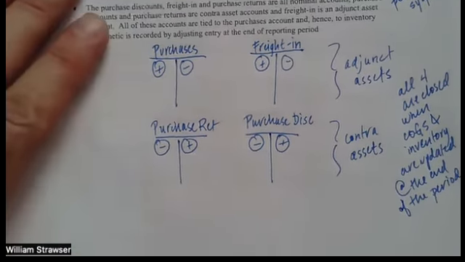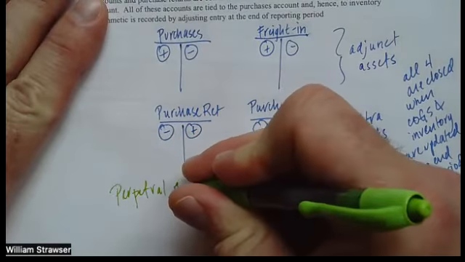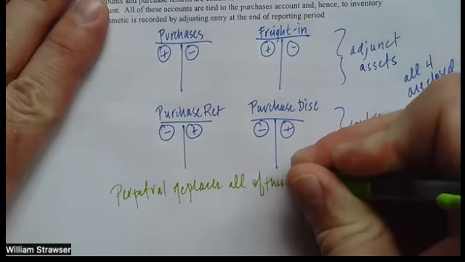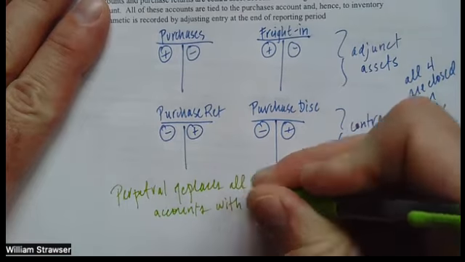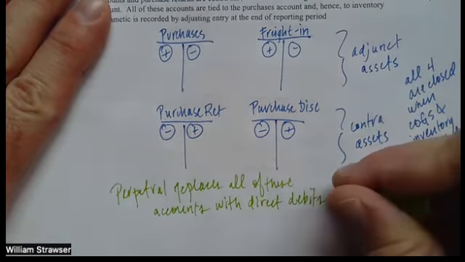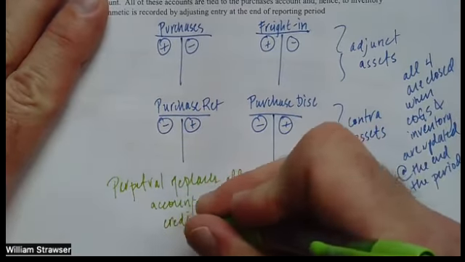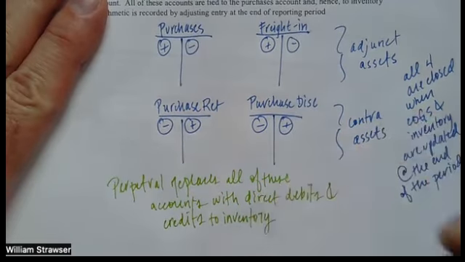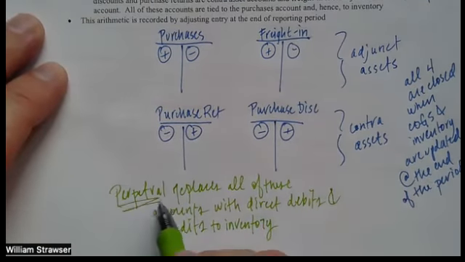So the Perpetual system replaces all of these accounts with direct debits and credits to inventory. We do not use the middleman contra account system under the Perpetual system. Okay.